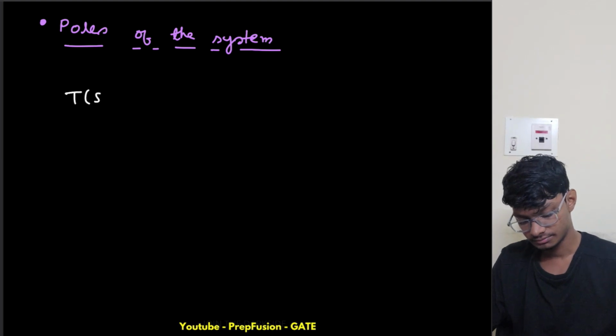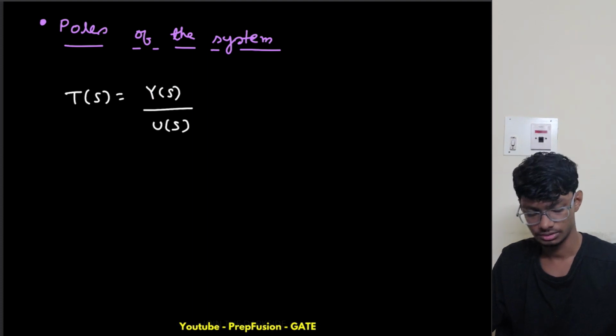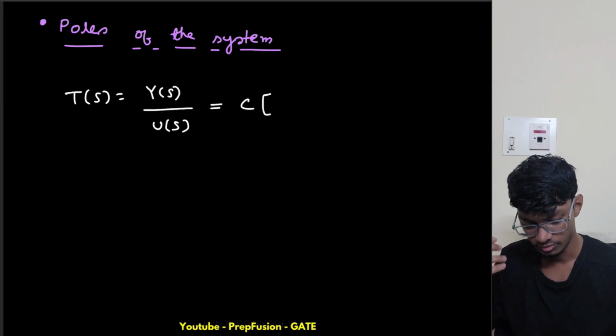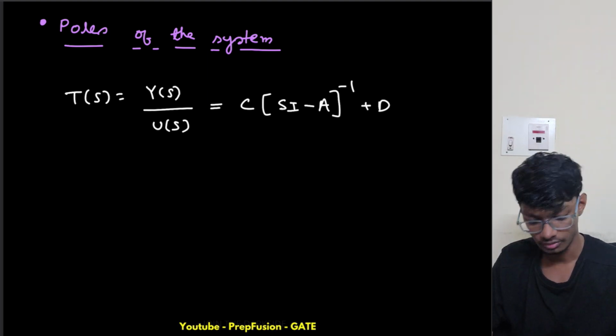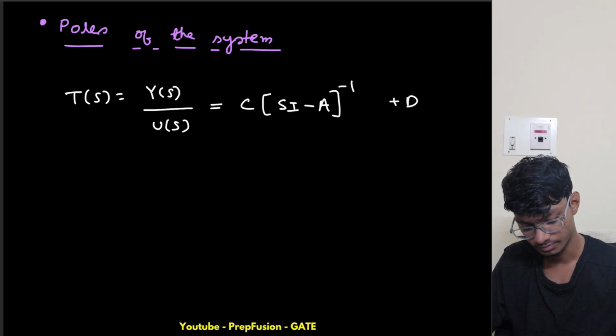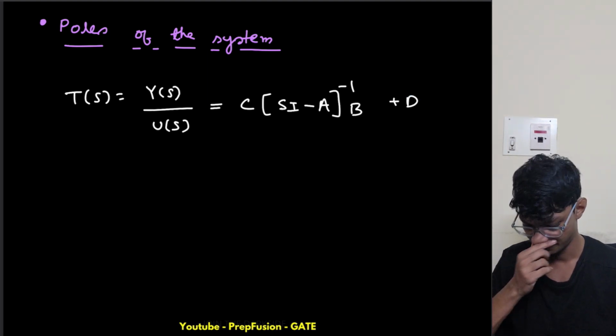So the transfer function is Y(s) upon U(s). What is its value? It is C(sI minus A) inverse B plus D. This thing you have to keep in mind, you don't forget anything.